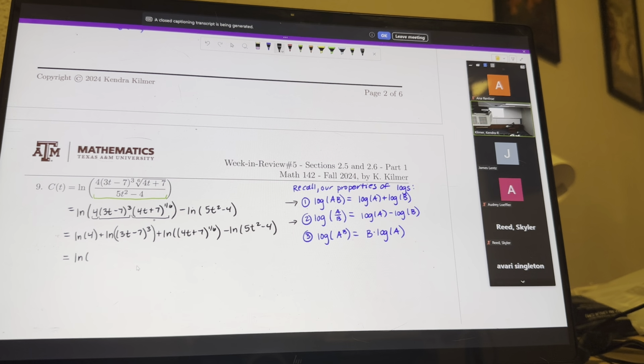So this becomes the natural log of 4 plus 3 times the natural log of 3t minus 7 plus 1/6 times the natural log of 4t plus 7. And then that last one remains the same, minus the natural log of 5t squared minus 4. Yeah, so I just took the power and it went in front.